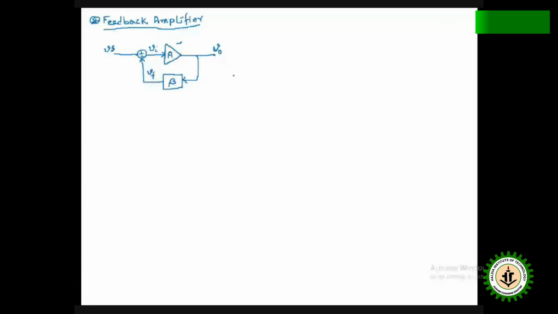So in this case, you see here the plus minus. So we can write the gain of this feedback circuit: Vf is equal to beta V0. That means beta is equal to Vf by V0, because Vf is the output of the feedback circuit and V0 is the input of the feedback circuit. So if you see here, there is a Vi.